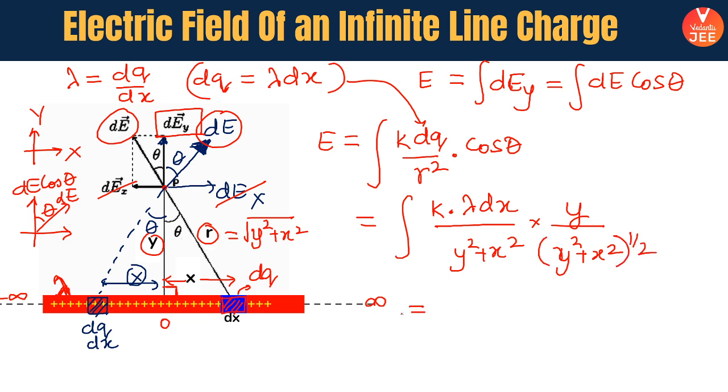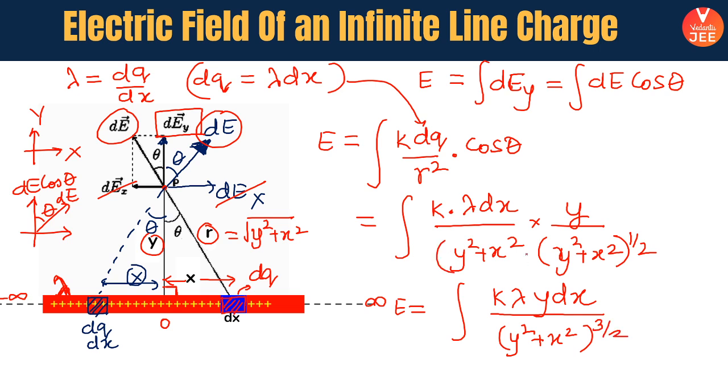Which means effectively, the net electric field is going to be k lambda y dx divided by y square plus x square power 3 by 2. Why power 3 by 2? Because this is power 1 and this is power half, so overall power is 3 by 2.